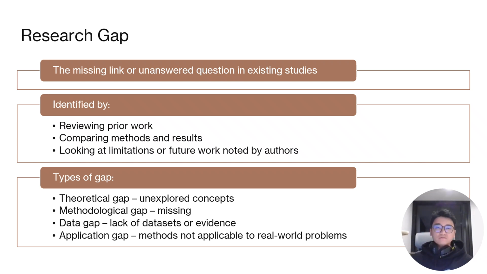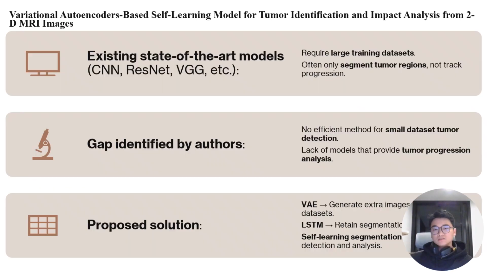We usually find these gaps by reading related literature carefully, seeing where existing models perform poorly, where the datasets are too limited, or where future work is suggested. For example, if most models require huge datasets and small dataset solutions are missing, then there's a gap. Without a clear gap, research may repeat what has already been done. Identifying the gap adds something new to the knowledge that has already been established.